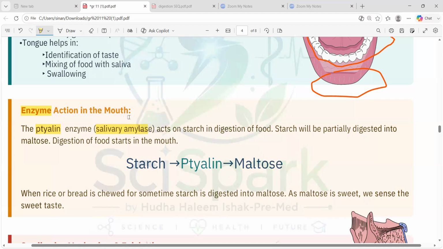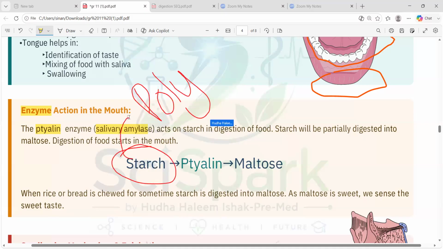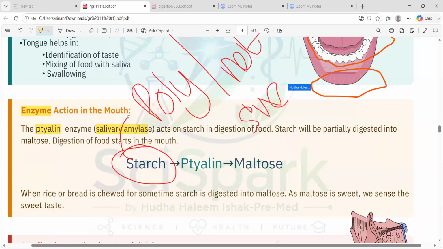So starch will not be sweet. Starch is a polysaccharide, and it won't be sweet. But it will be converted into maltose. Maltose is what?